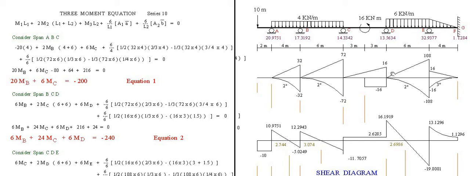The reaction at C is a dummy force. To find this, the 108: the reaction at D, for the uniform load of 6, total load is 6 times 6, 36, divided by 2 is 18.